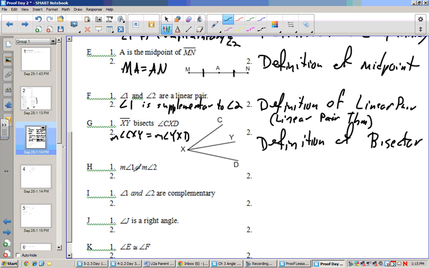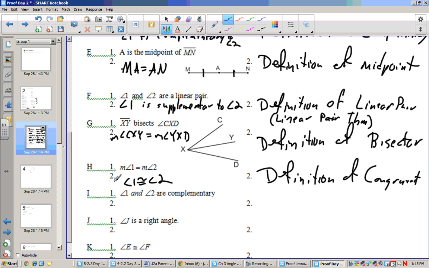Now, if we know two angles are congruent, or equal, I should say, the only thing we can conclude is that they would be congruent to each other, and that's the definition of congruent. If they're complementary, we know that they'll add up to 90 degrees.